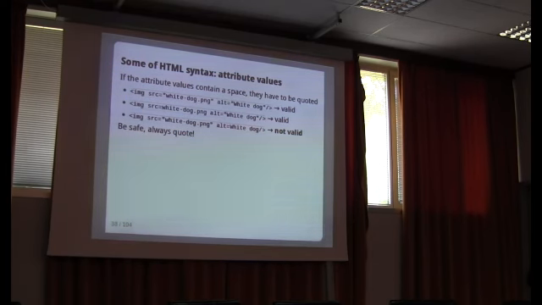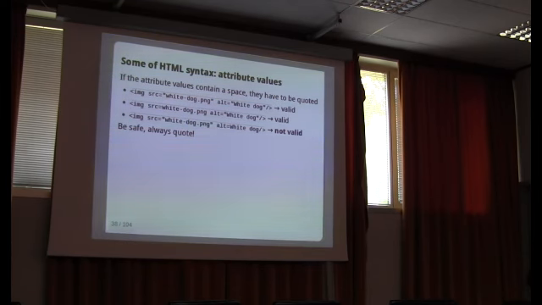Another rule concerns the way in which you can specify attribute values. The rule is quite simple again. The rule says that if the attribute value contains one or more spaces, the attribute value should be quoted, so included in double or single quotes.